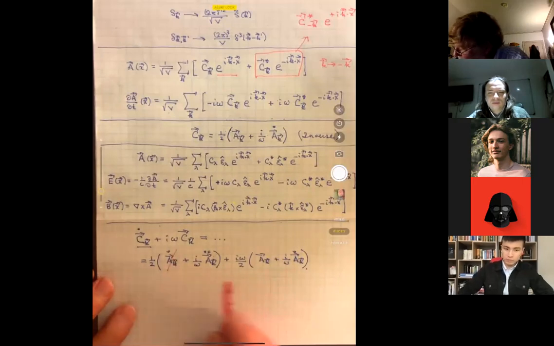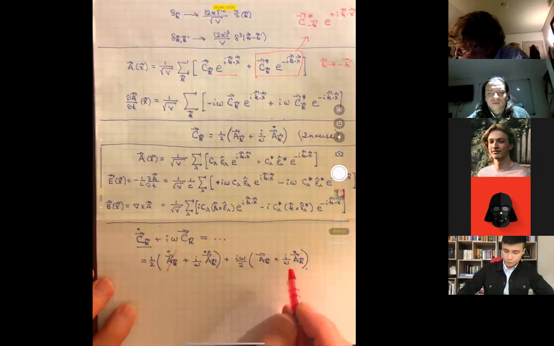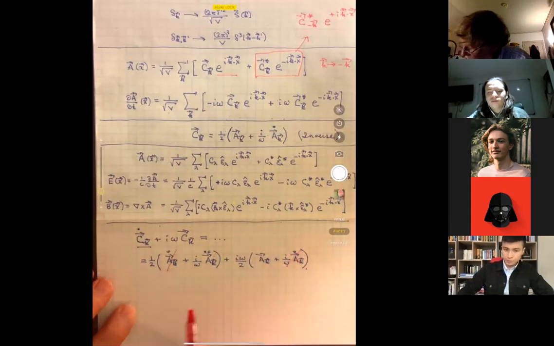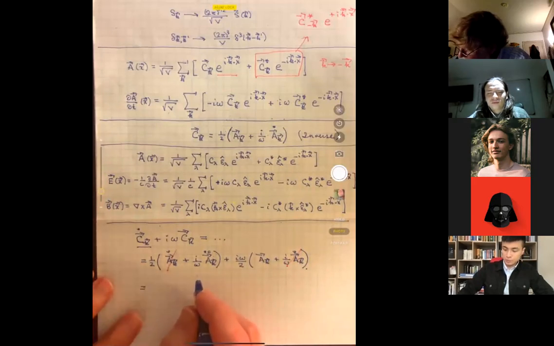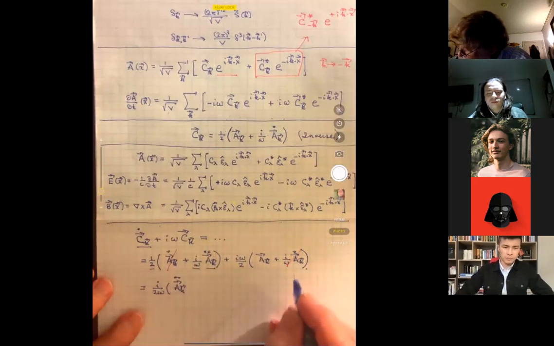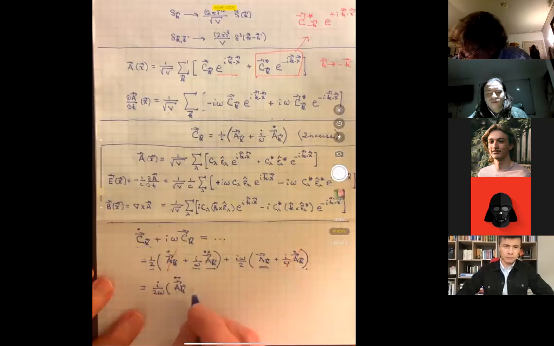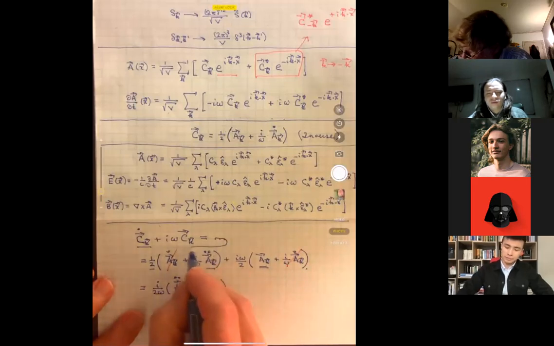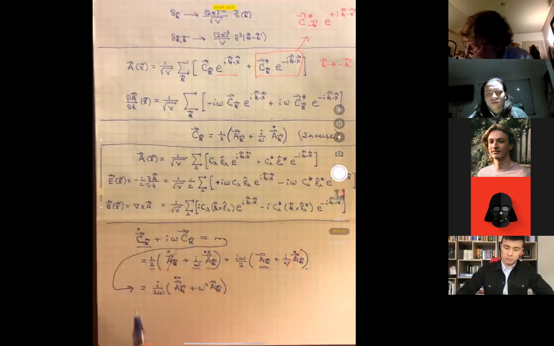There's a 1/2, I omega over 2 times I over omega gives me a minus 1/2, and that cancels. So the AK dots go away. And then if I factor out the 1/2 and the I over omega, so I get I over 2 omega like this, and then I get an AK double dot from this term. And then taking into account what's left over there, it turns out that's plus omega squared times AK. So this is equal to that, and we get a non-zero result.